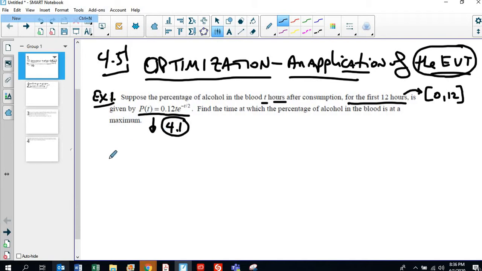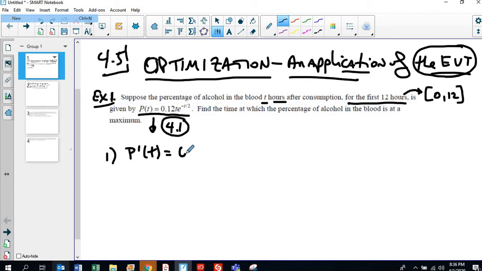Here's our continuous function. So what's the first step? Take the derivative. If you notice, you have 0.12t times e to the negative t over 2, and so that is a product rule.